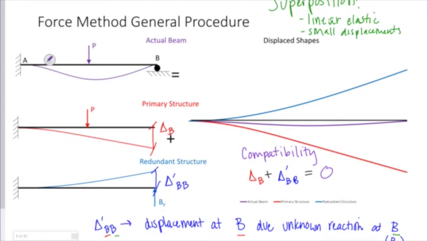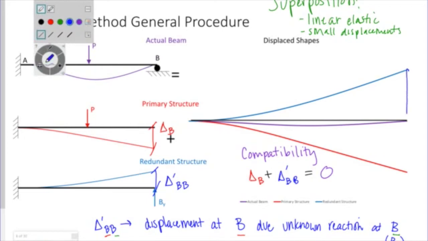So here on the right side, I drew the actual displaced shapes to scale. You can see that this height at the end B is equal and opposite to this height in your primary beam.